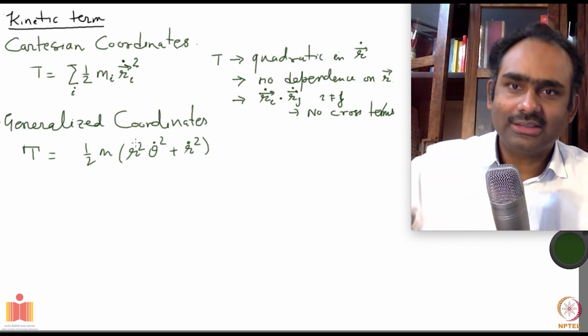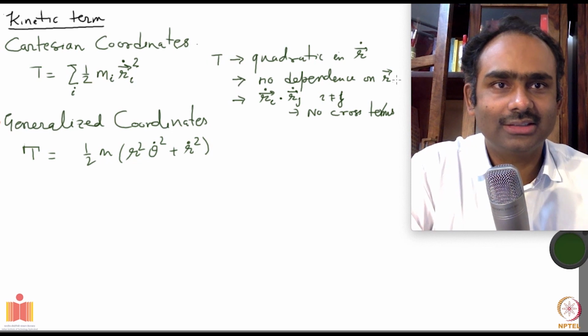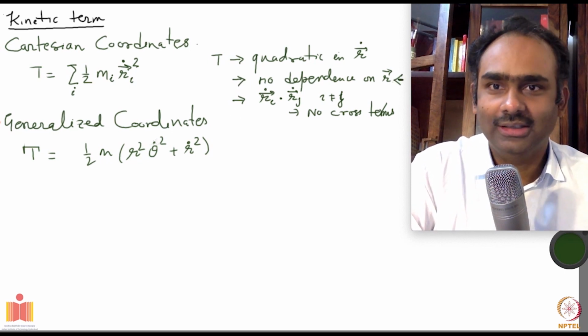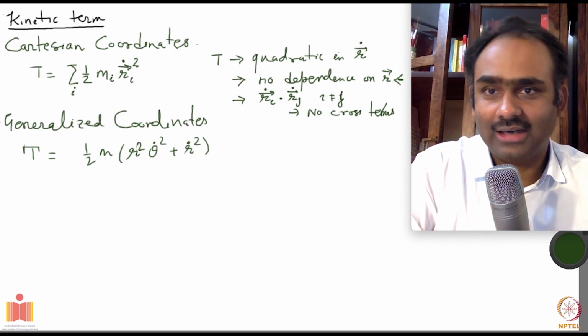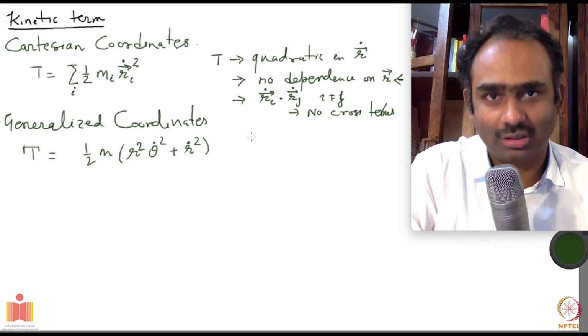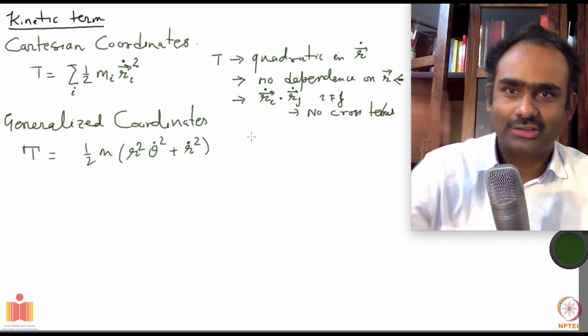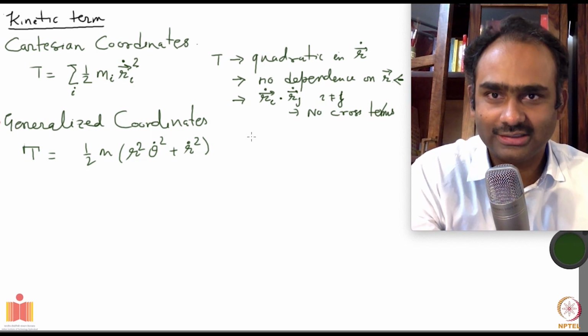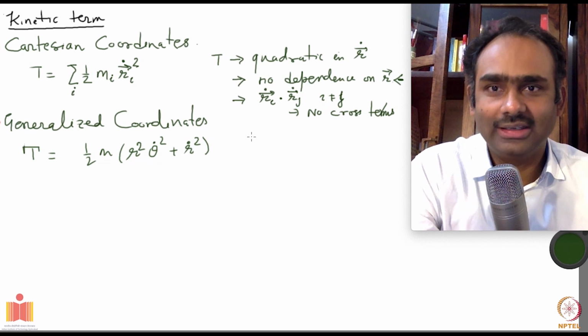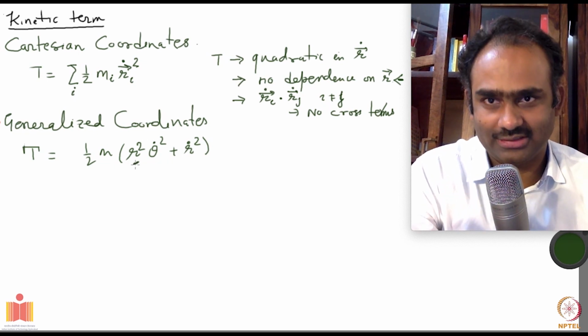So in this example itself, you see that this condition is not true, right? Generalized coordinate r can appear, or in some different context some other coordinates could also appear. So it's not just the generalized velocities theta dot and r dot that appear, but also the coordinate itself can appear, which is the case here.